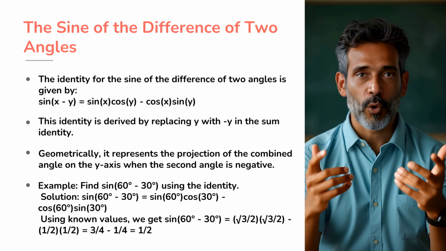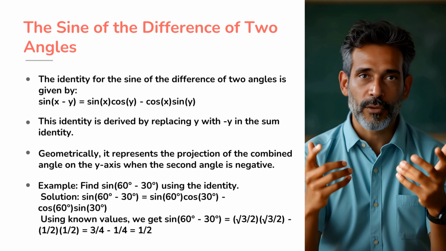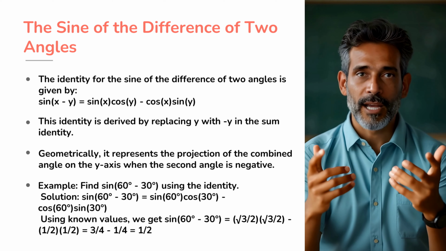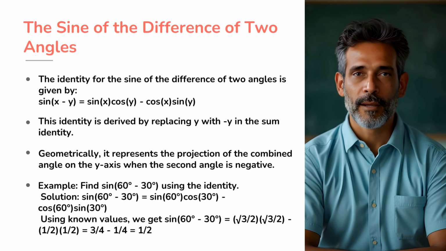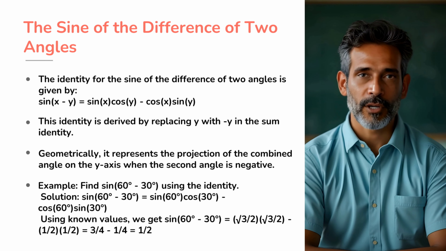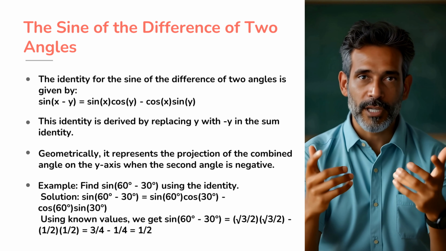Let's find tan(45° + 30°) using the formula. Tan(45° + 30°) = (tan 45° + tan 30°) over (1 − tan 45° times tan 30°).